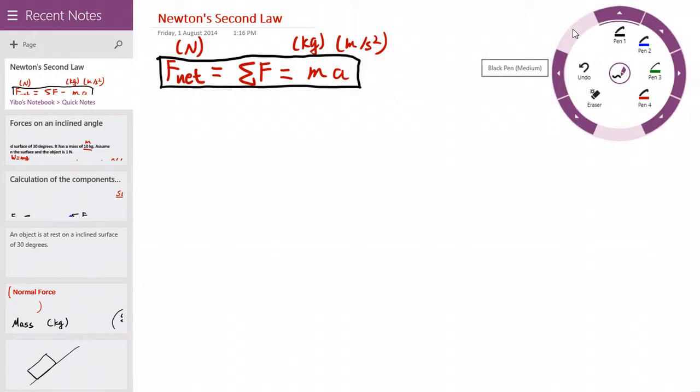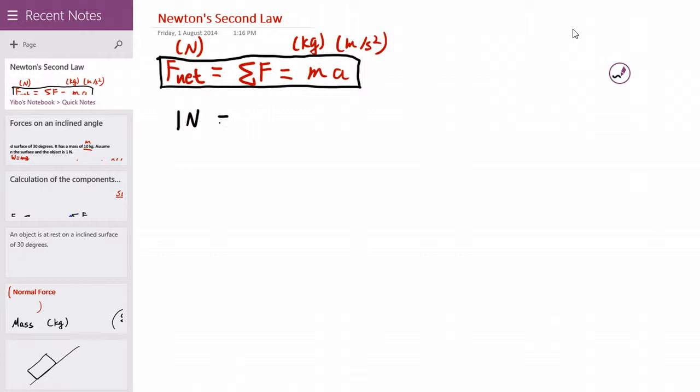Then from the equation, let's have a look at the units. 1 Newton is basically equal to 1 kilogram times an acceleration of 1 meter per second square.